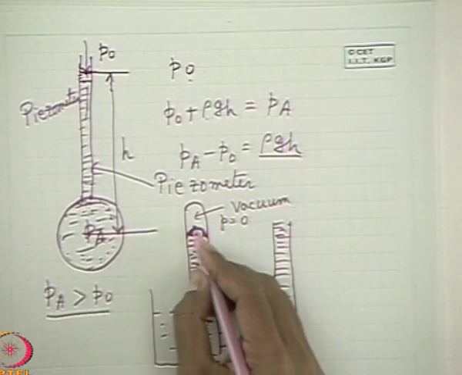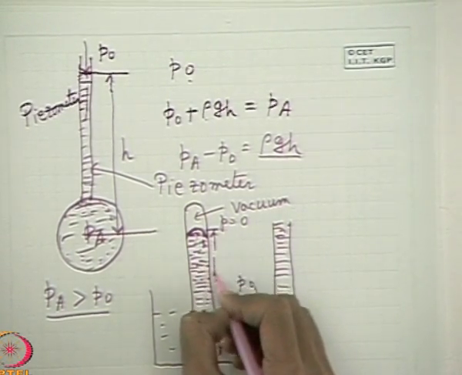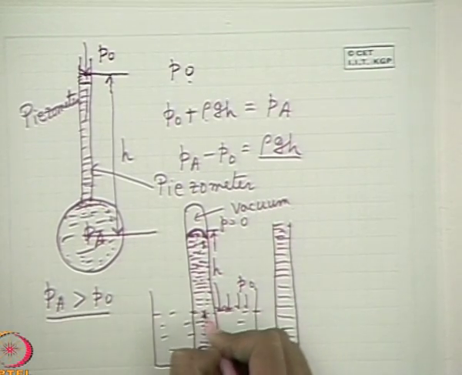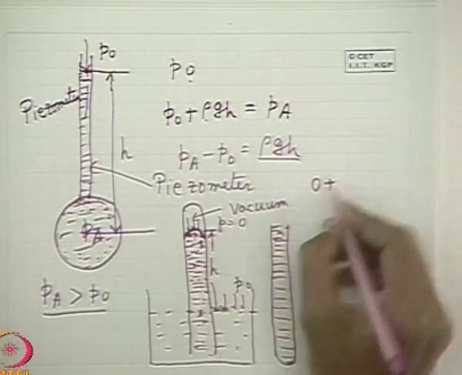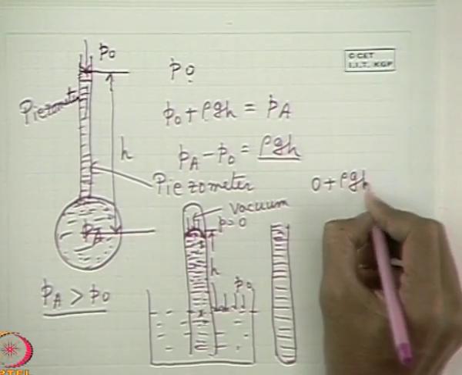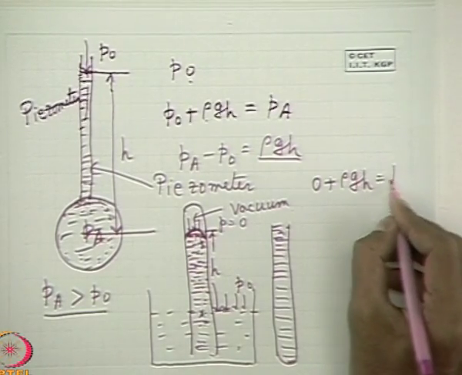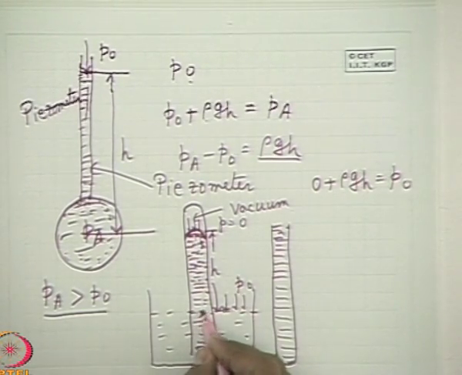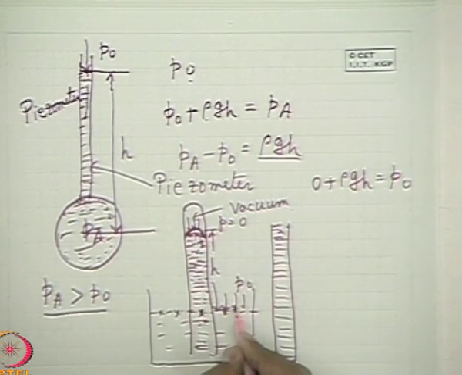So from this side, if I equate the pressure here, this will be responsible for this height of the liquid. That means the pressure here is what? Zero pressure impressed on this free surface plus rho gh. We know the pressure for this height h is rho gh, and that becomes equal to the local atmospheric pressure, because the pressure at this point and at this point remains the same, as they do not differ in their vertical displacement.